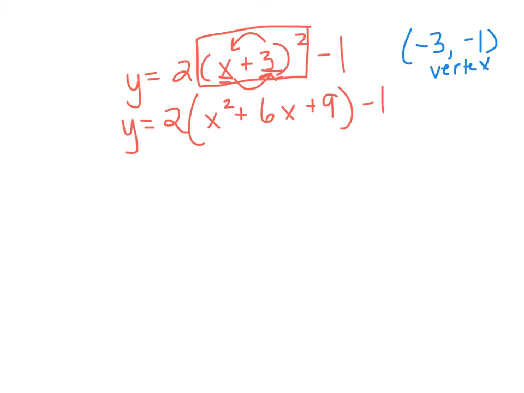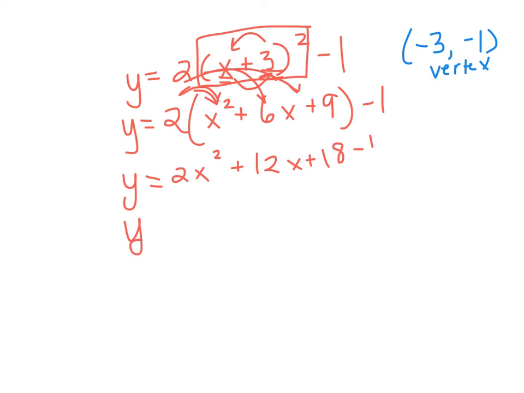So I do the binomial first. I multiply that out first. And now my next step in PEMDAS would be to multiply. So I'm going to take this 2 and distribute it to everything inside of the parentheses, giving me 2x squared plus 12x plus 18. And then the last step is to combine it with the like term of the minus 1.